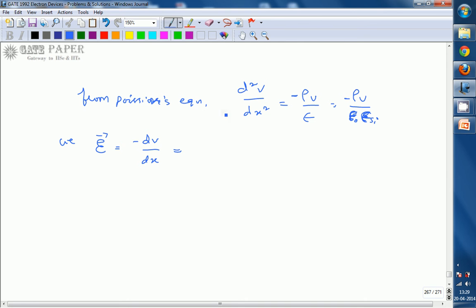Taking integration on both sides, it will be the integral of rho_v by epsilon.